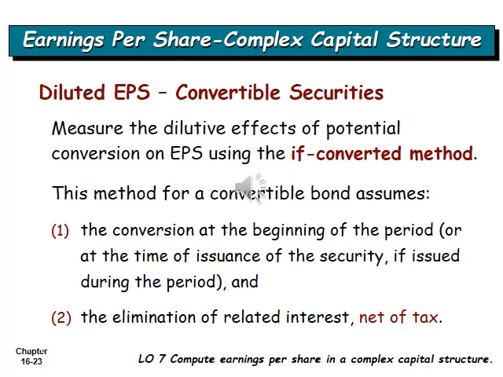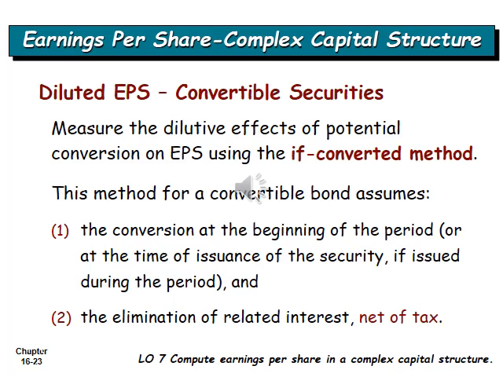In order to determine the effect on the earnings per share, we have to determine the number of shares if the bonds are converted into common stock, and the effect on the net income by eliminating the interest, because if you convert the bonds into common stock, there is no interest, but they will receive dividends as common stockholders.